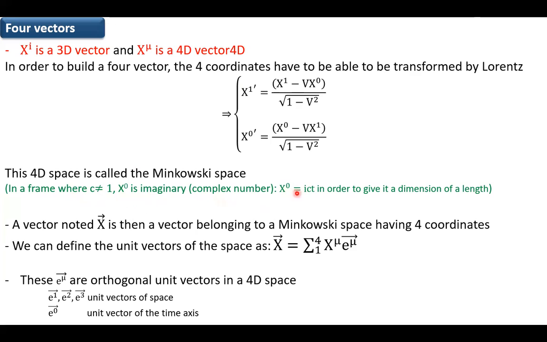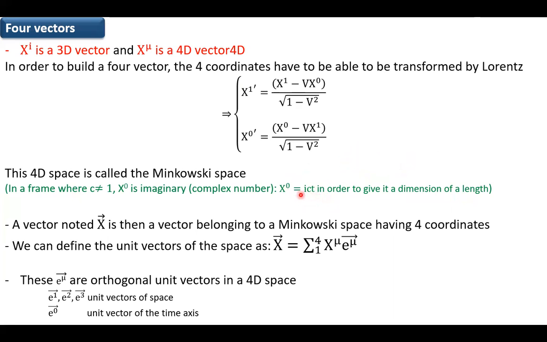So x0 is ict, where i is as you write it in a complex notation. ct, so you give it a dimension of length in order to have 4 dimensions that all have the dimension of length, because t is time, x, y, and z have the dimension of a length, and you cannot make a frame using 1 dimension of time and 3 dimensions of length.